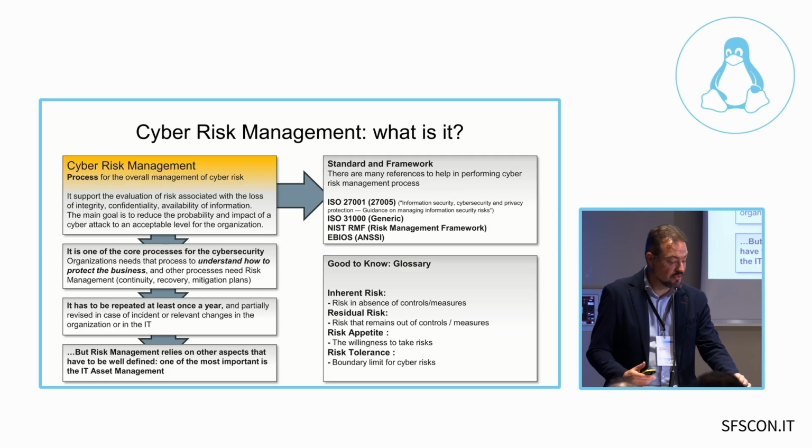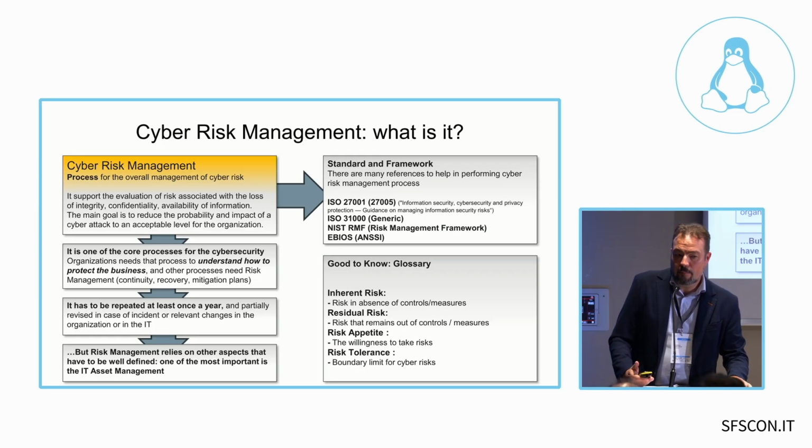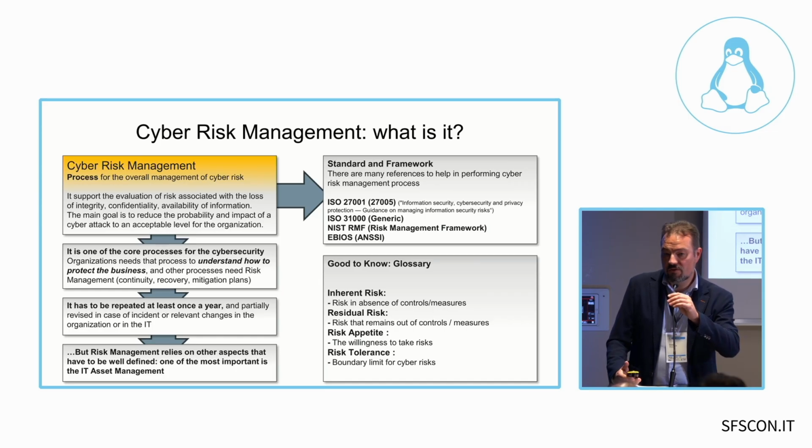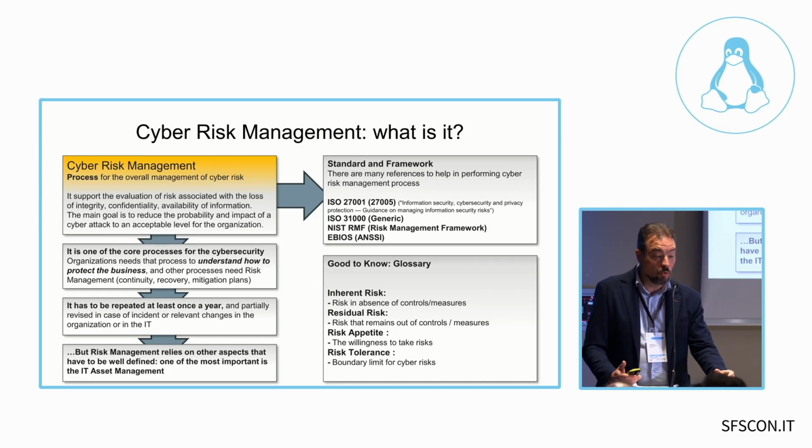It defends the business. So risk management is one of the core processes to govern and manage cybersecurity, and it helps to understand how to protect the business. It is a process that will be repeated every year, at least, and every time a configuration change or an incident occurs.